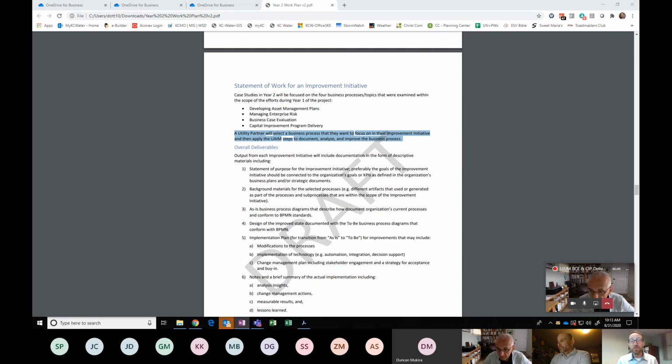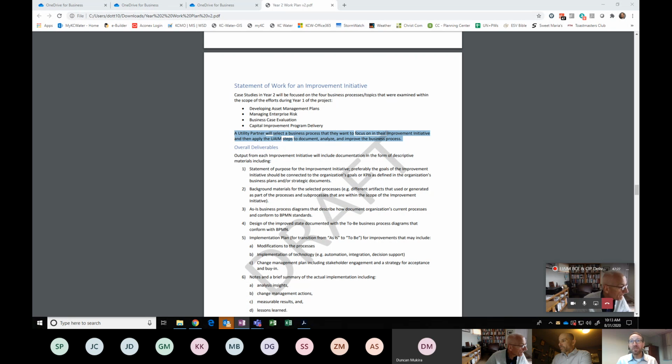Review the year one report, get familiar with those UAIM, BPMN higher level models, those templates, and start to think about what areas within your utility you would want to focus on for this year two effort. Then go into this year two work plan that I just shared and read pages 4 through 8, focused on track 2 improvement initiatives. And then go to pages 12 through 24, look at that scope overview.